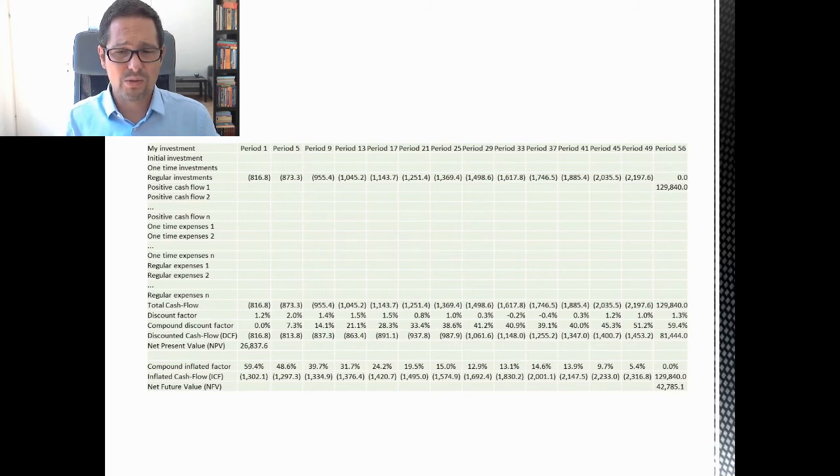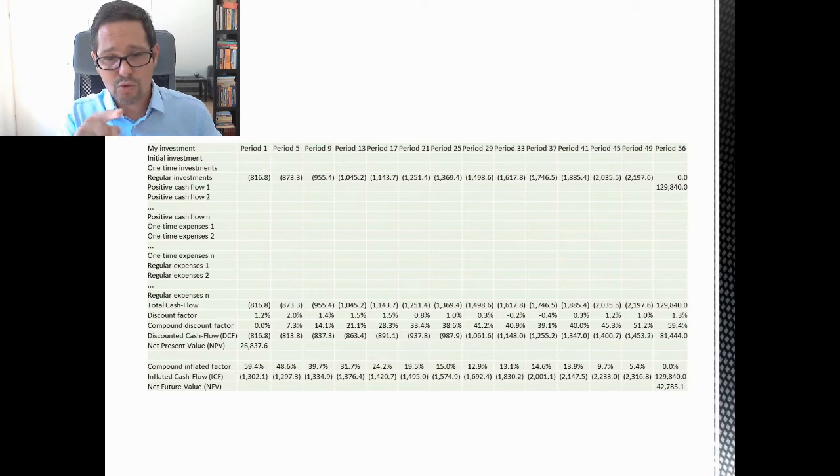And you discount it, and for example, the period 56 cash flow, which is plus this 129,840 discounted with this 59% equals 81,444, which is relevant for bringing everything in the period 1.